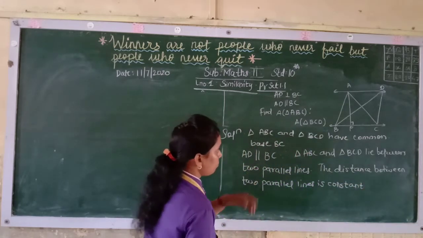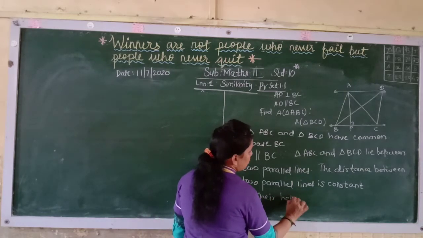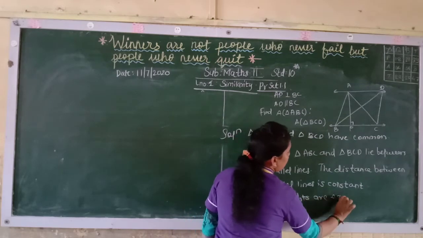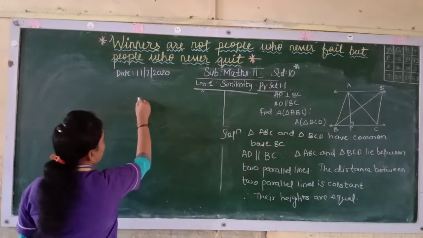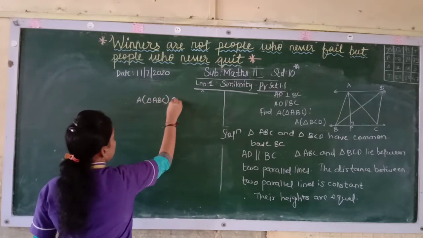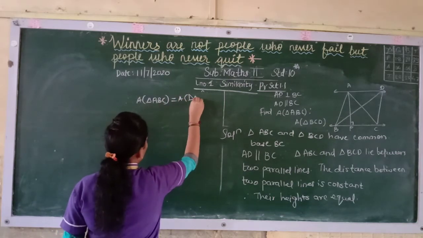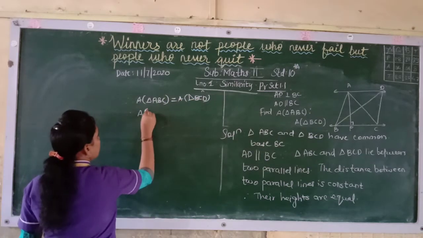Therefore, their heights are equal. Now if their bases are equal and heights are also equal, what can you say about the area? So the area of triangle ABC will be equal to the area of triangle BDC. So how will you get the ratio?